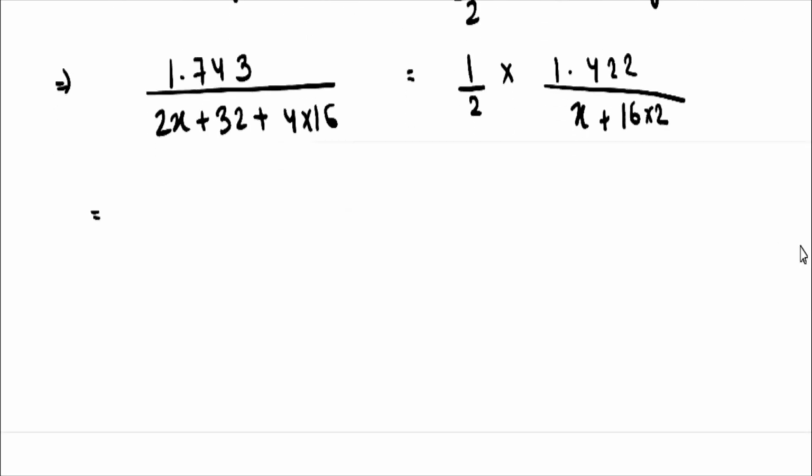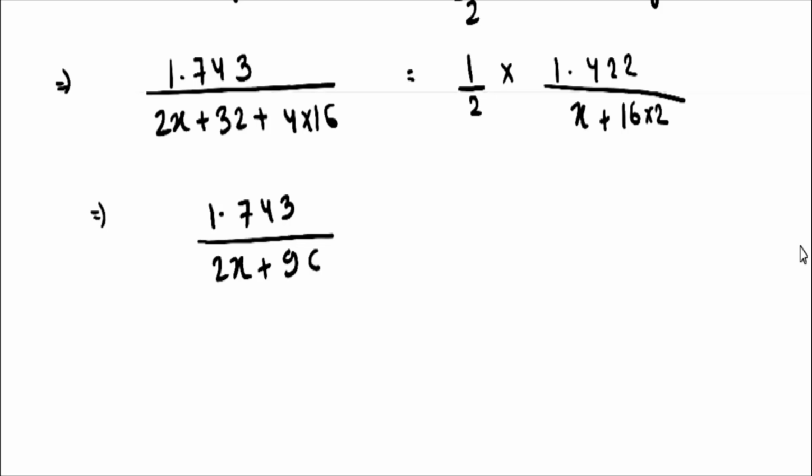Now if we solve, it will be 1.743 divided by 2x plus 96 equal to 0.711 divided by x plus 32.